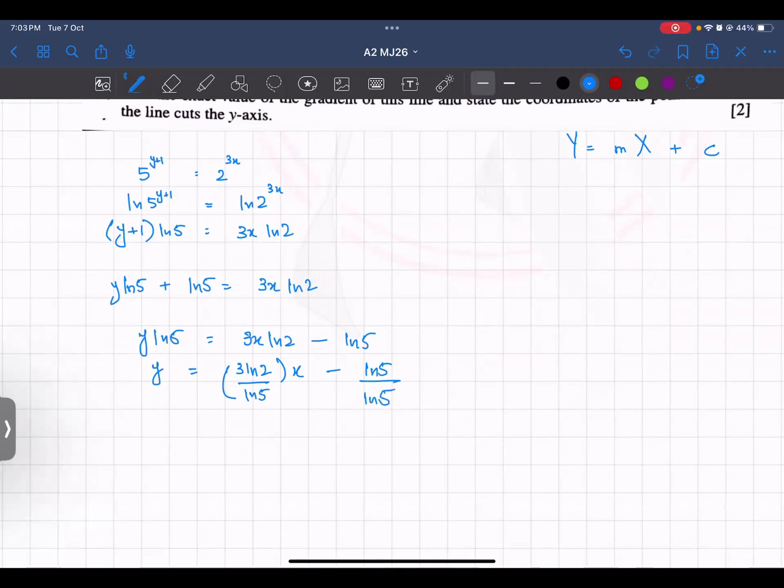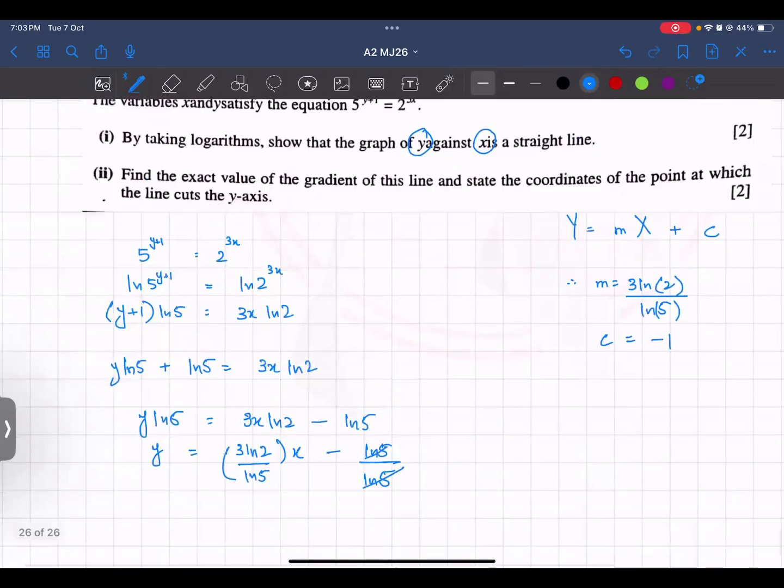You're dividing by ln 5 on this side, so ln 5 cancels out. So this means after simple comparison, your gradient comes out as 3 ln 2 upon ln 5, and your c comes out as minus 1.